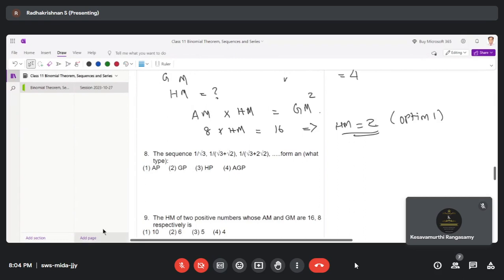You see, all the denominators are in some progression. The numerators are, it's a fraction, right? So it is not an AP, it is not a GP.